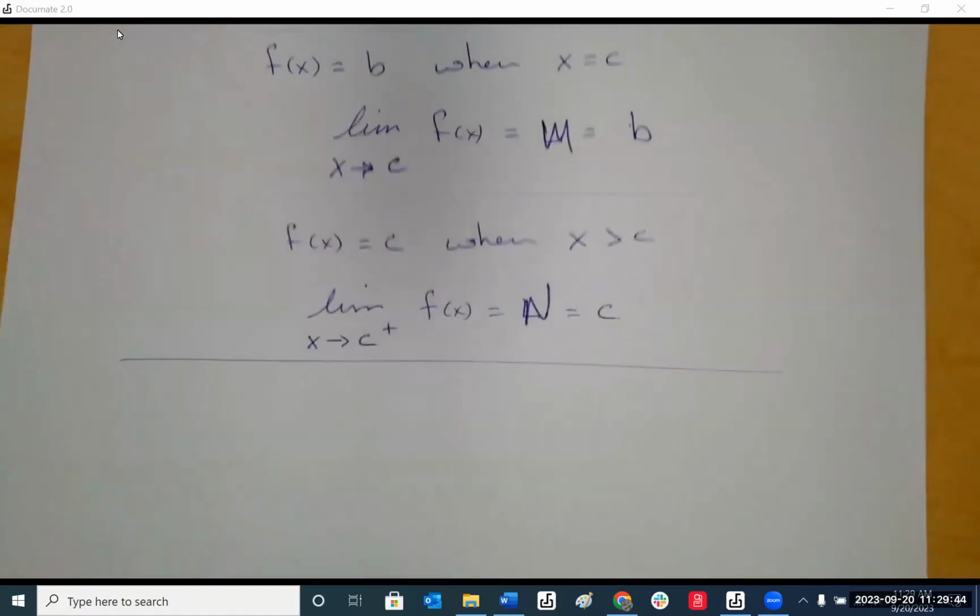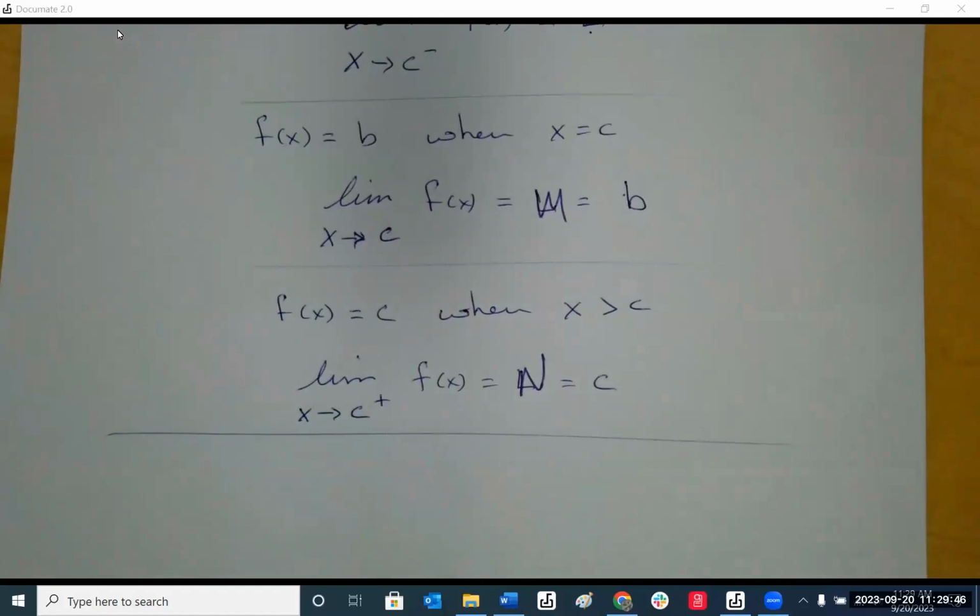Let's go further, because remember, the epsilon-delta proof proved limits.